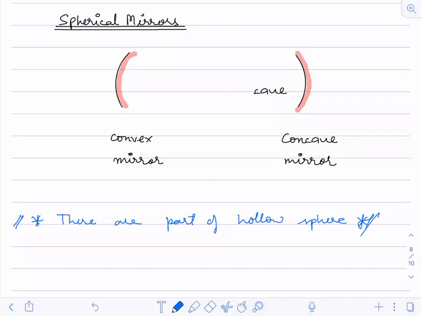These are the part of hollow sphere. This point you have to understand and keep in mind, and then we will start the important terms. The first important point is pole.